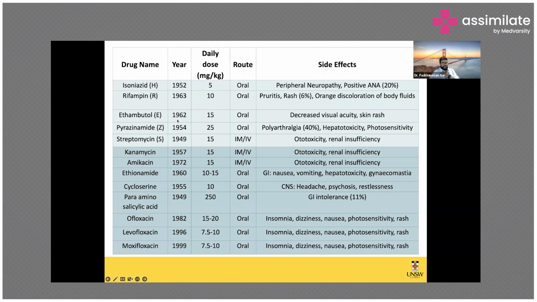So there have been a lot of drugs, but we know that all of these drugs are old, and not much investment has been made in terms of discovering new drugs.